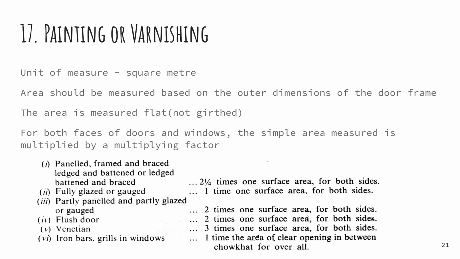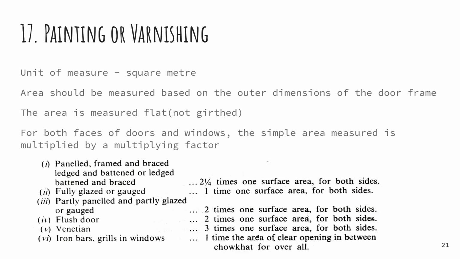Then based upon the way that the door is constructed, we will multiply that simple area with a multiplying factor. So we have IS 1200. From that, we look to the required table with multiplying factors. We can find the multiplying factor which is suitable for our particular work.